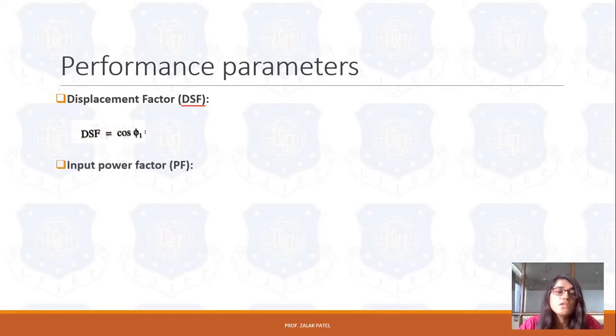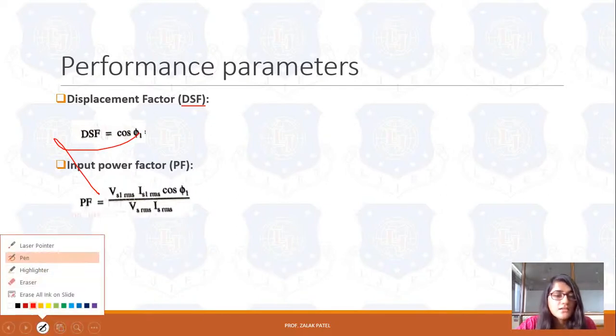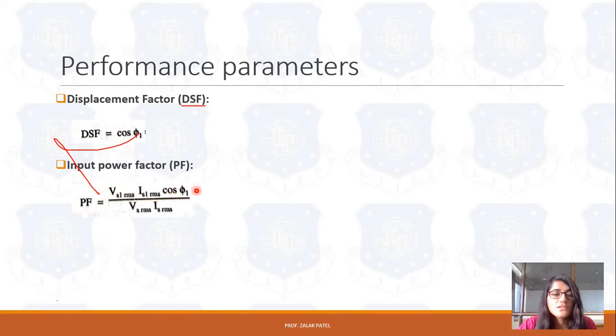Next is the input power factor, which is denoted by PF, and it is given by VS1 RMS, IS1 RMS cos phi 1 upon VS RMS into IS RMS. Over here there is a ratio of RMS voltages and a ratio of currents.